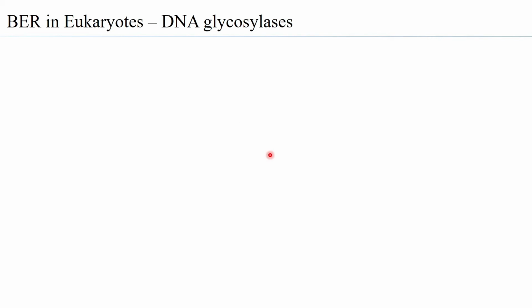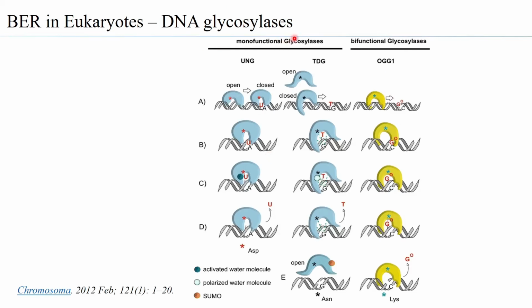Now, another interesting facet about the DNA glycosylases is that some DNA glycosylases are monofunctional and some are bifunctional. The word itself indicates that one has a single function, whereas the other has two functions.